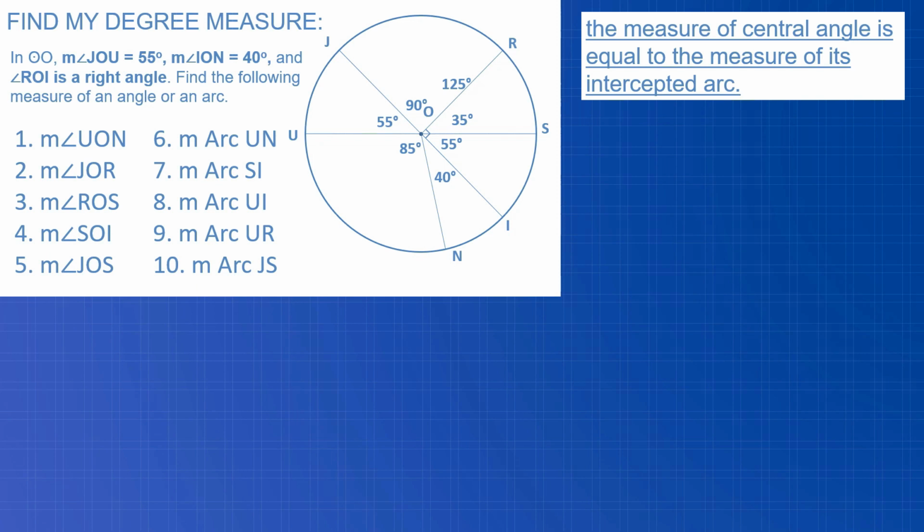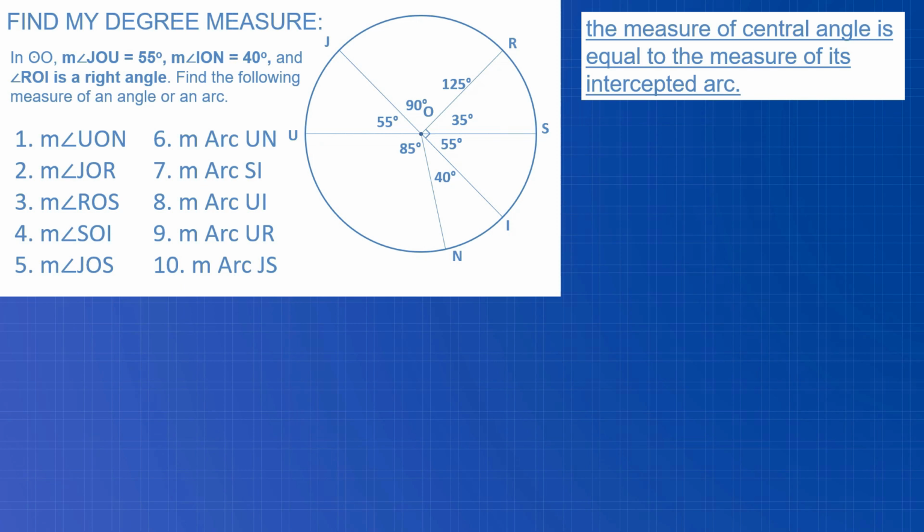Next, number 8, measure of arc UI. Since the measure of angle UOI is equal to 125 degrees, then the measure of arc UI is equal to 125 degrees. Number 9, the measure of arc UR.